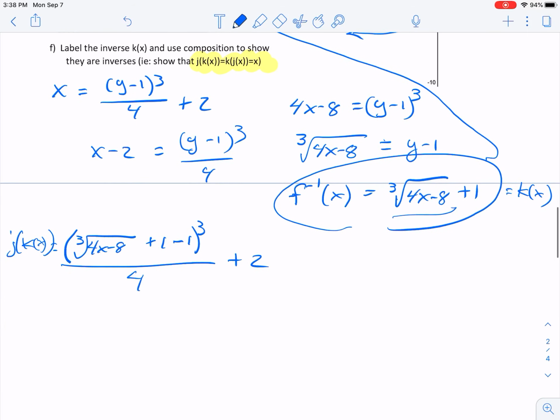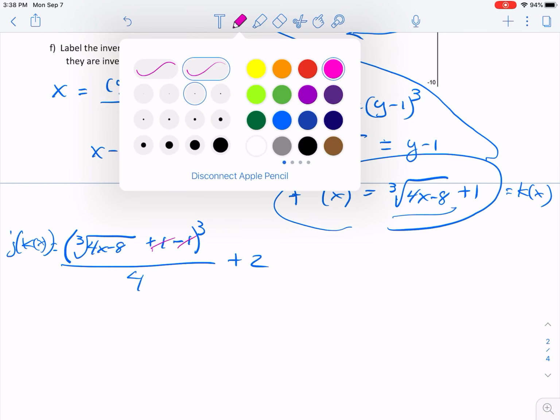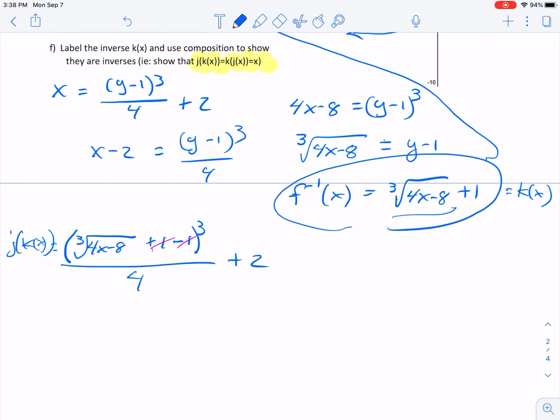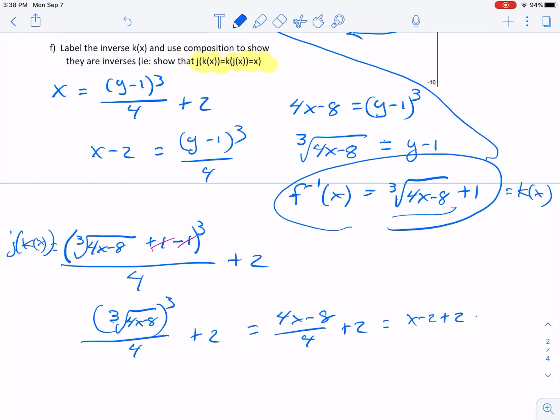Clean it up. This one and that one are going to go away. So I'm taking the cube root of 4x minus 8 cubed over 4 plus 2. You cube a cube root, you get 4x minus 8 over 4 plus 2, which is x minus 2 plus 2, which equals x. Phew, I'm glad I did my algebra correctly.